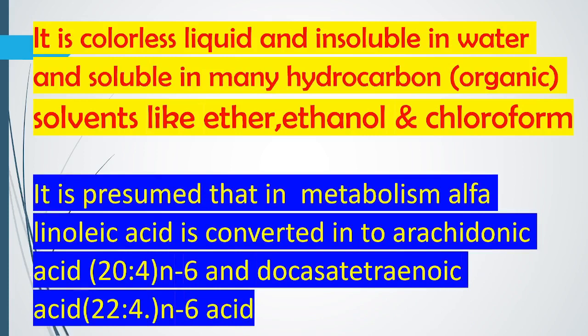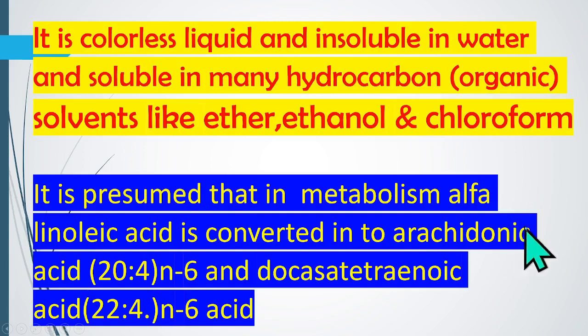It is presumed that in metabolism, linoleic acid is converted into arachidonic acid and docosatetraenoic acid. Arachidic acid is a saturated fatty acid with 20 carbons. Here it is arachidonic acid.